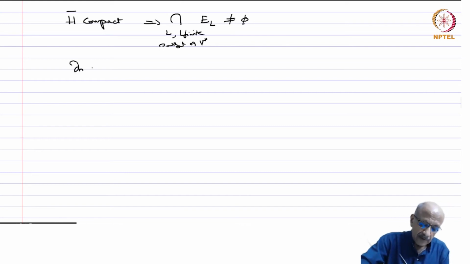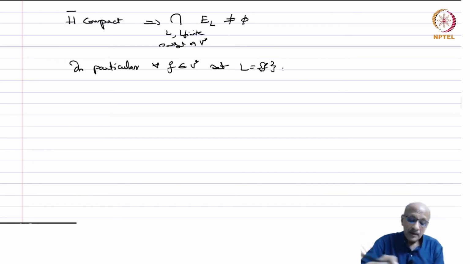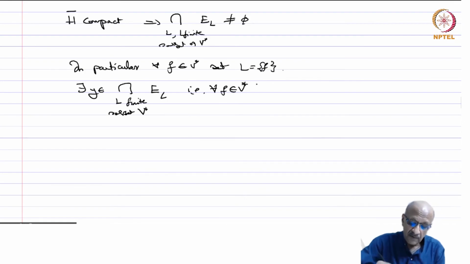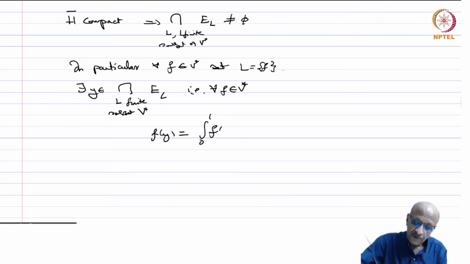So in particular, for every F in V star, you set L equals the singleton F. Therefore, there exists a Y in the intersection, that is, for every F in V star, we have F of Y equals the integral 0 to 1 of F of phi t dt.